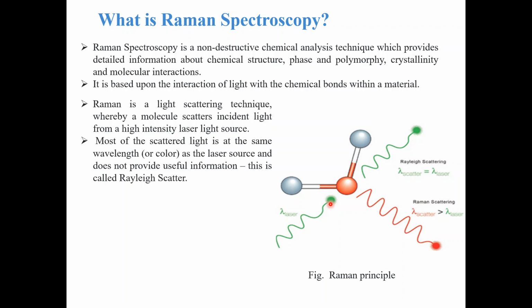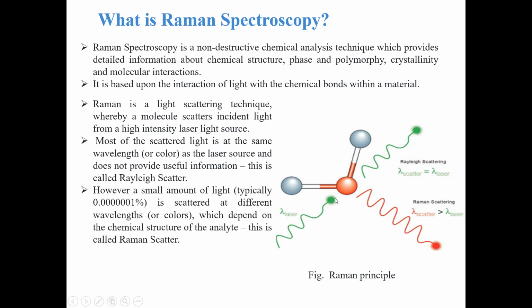Once we shine this laser light on the molecule, it is scattered. If the scattered radiation is of equal wavelength as the shining laser light, we call that Rayleigh scattering. And remember, this kind of scattering does not provide useful information about the material.